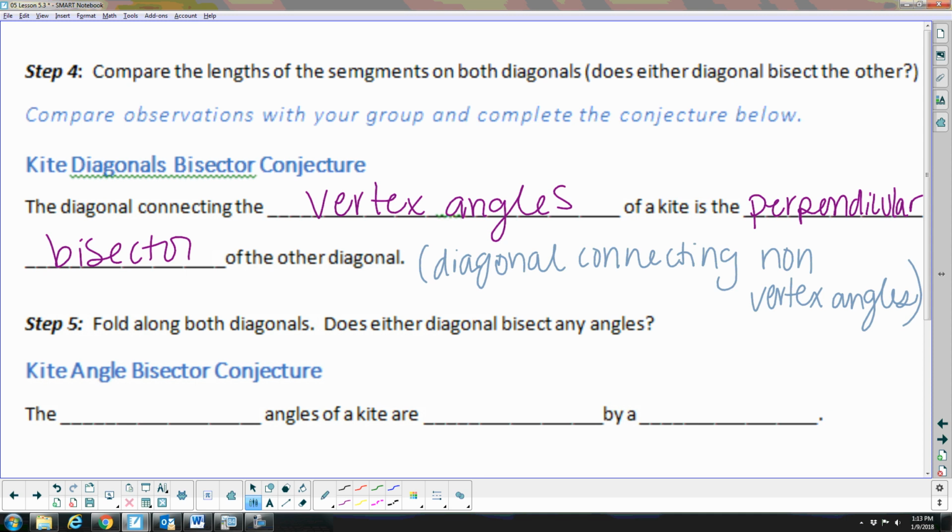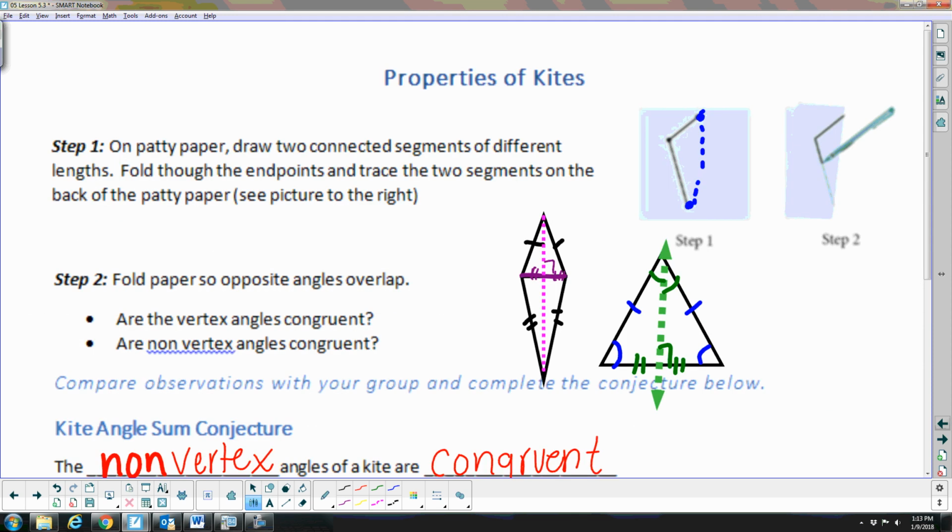So next you should fold along both diagonals, but actually we already identified this. So yes, the kite angle bisector conjecture: if we look back at our properties of isosceles triangles, we know that this diagonal also bisects the vertex angles because of the properties of isosceles triangles that we identified in chapter 4.